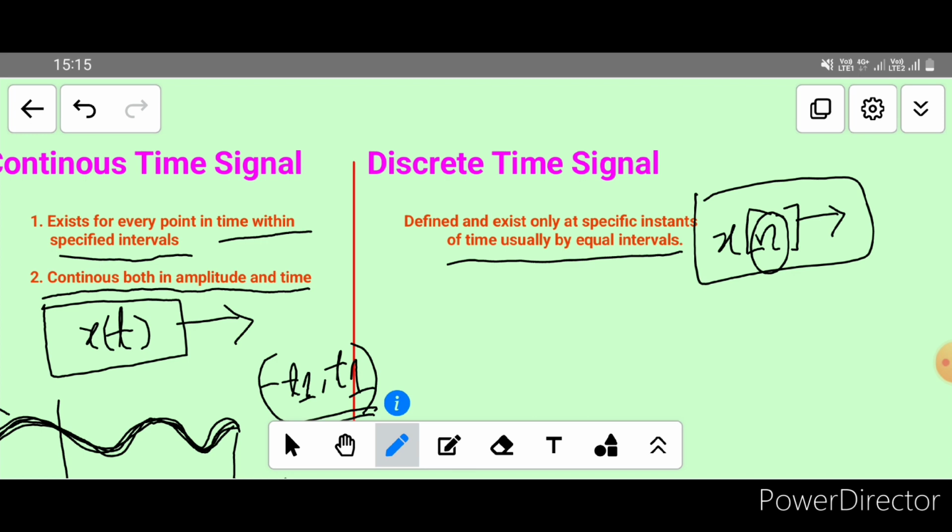But the main difference is that here, like we said, time t is a continuous variable that varies continuously between minus t1 to t1. Here n takes a discrete set of values and it is not continuous.